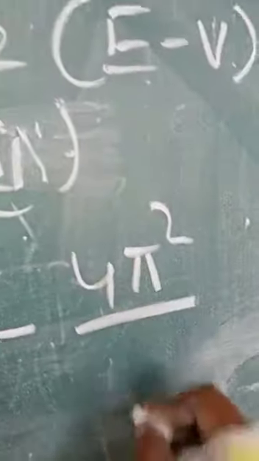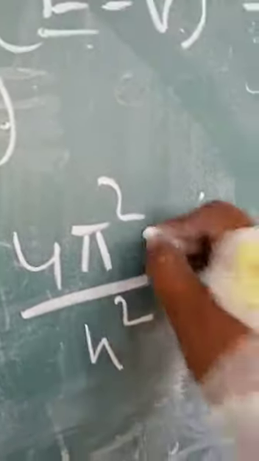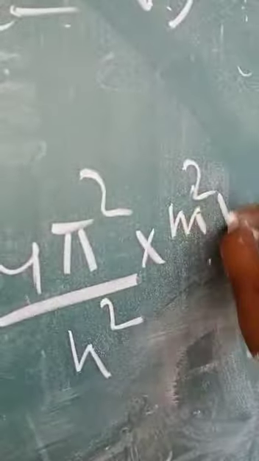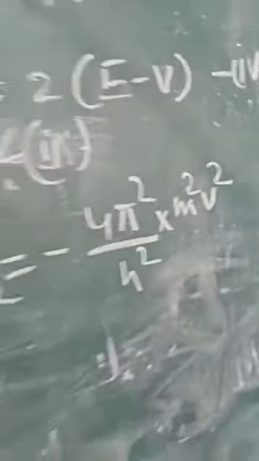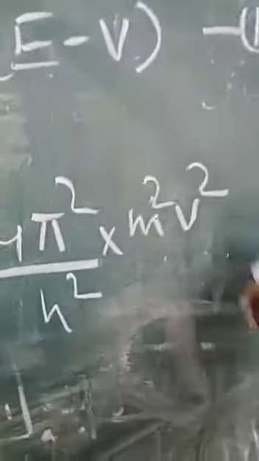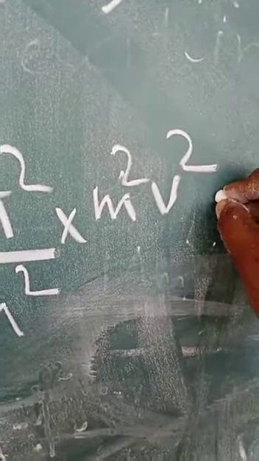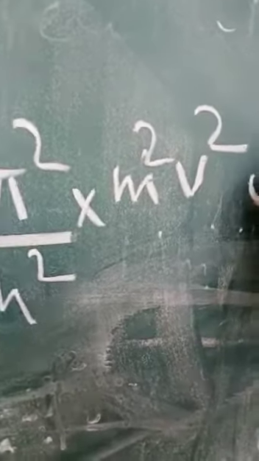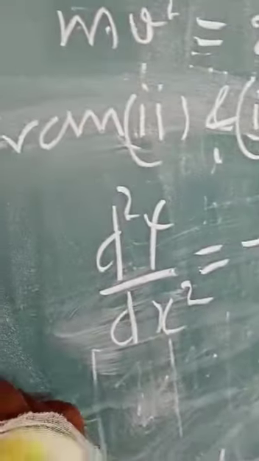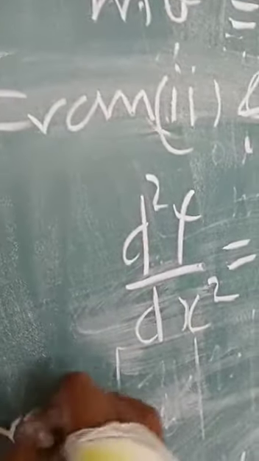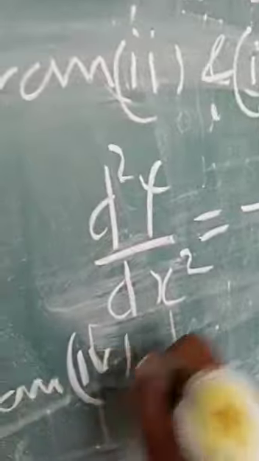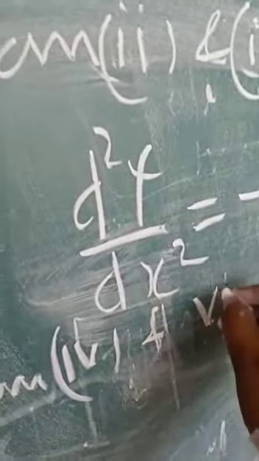Putting the value of lambda square, you find h square upon m square v square, psi. This is equation fifth, then from fourth and fifth, you find out.